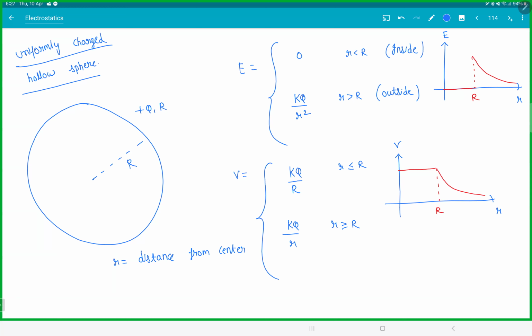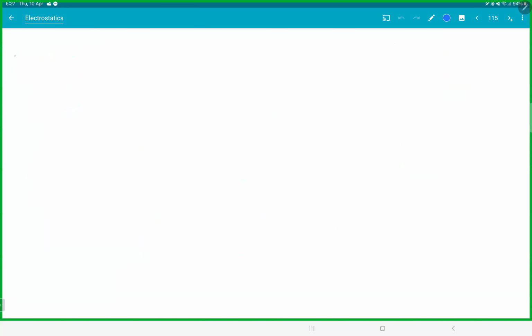Next one. Uniformly charged solid sphere.